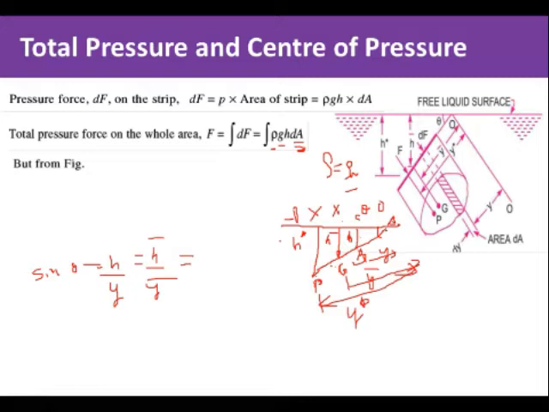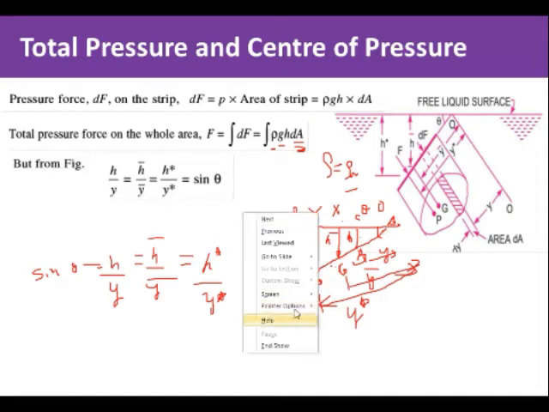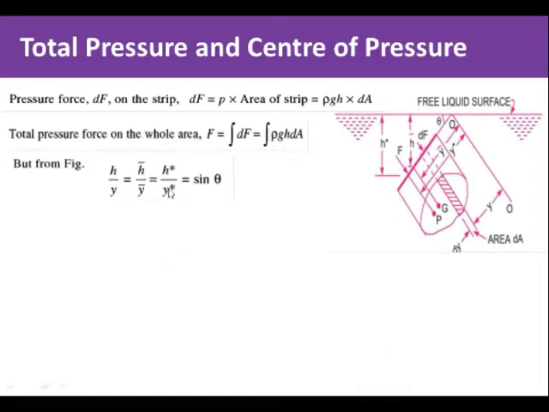Similarly in triangle OPX, sine theta is h star divided by y star. So we can have h by y equals h bar by y bar equals h star by y star, that equals sine theta. From this we can say h equals y sine theta, h bar equals y bar sine theta, and h star equals y star sine theta.